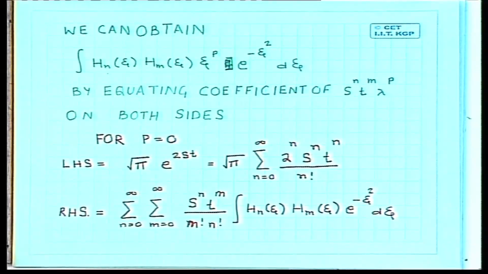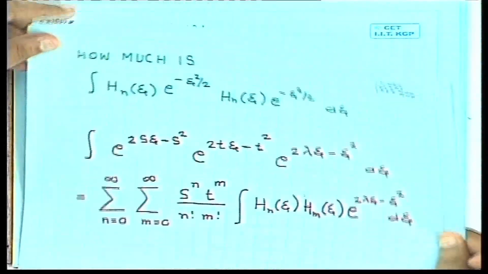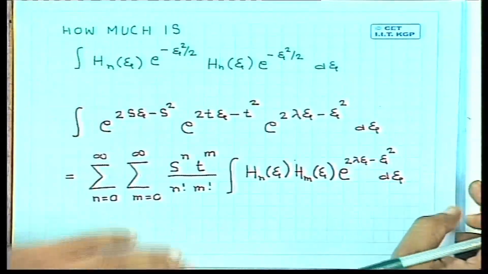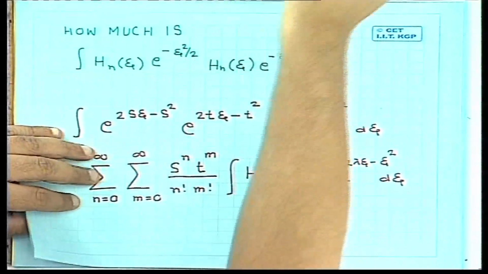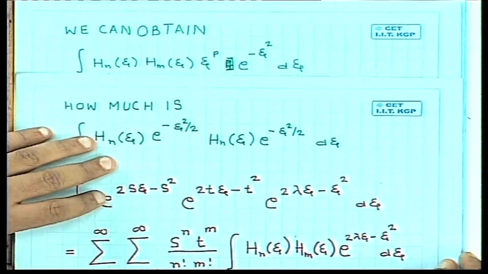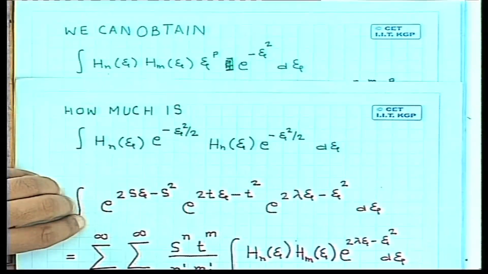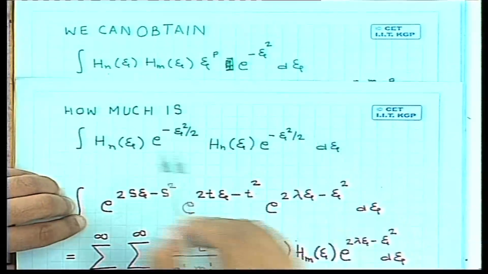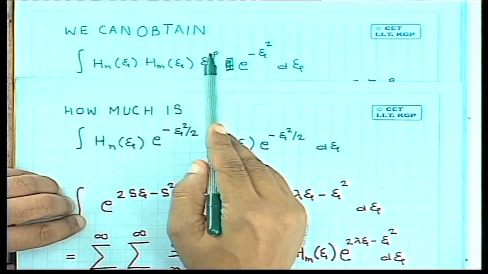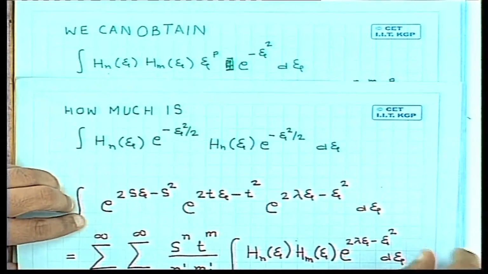So right now, the integral which we started out to evaluate was this. If you look at this and compare it with this, we see that we have to look at the case where p is equal to 0 for any general n and m. We are looking at one particular case where p is 0, which is very simple to deal with.